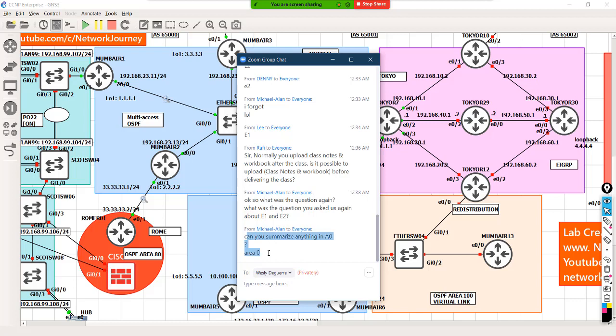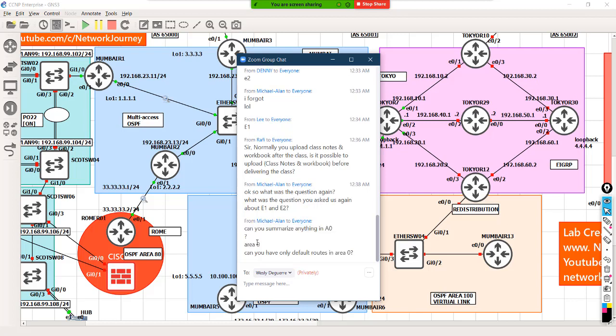Yeah, but what do you mean by can you summarize anything in area 0? So we discussed the default route in the stub areas. Okay.